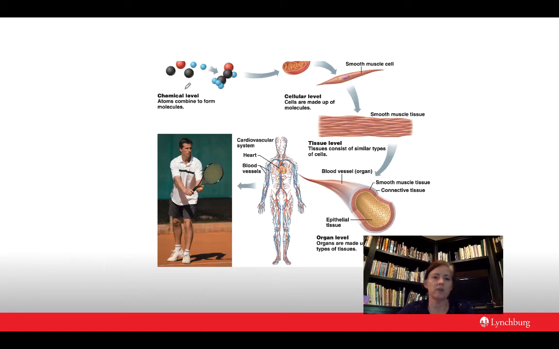This is just a visual representation of that information, going from chemical to cellular to tissue, multiple tissues coming together to create organs, multiple organs coming together to create an organ system like the cardiovascular system, and then all of these different organ systems come together to create the whole person or the organism.